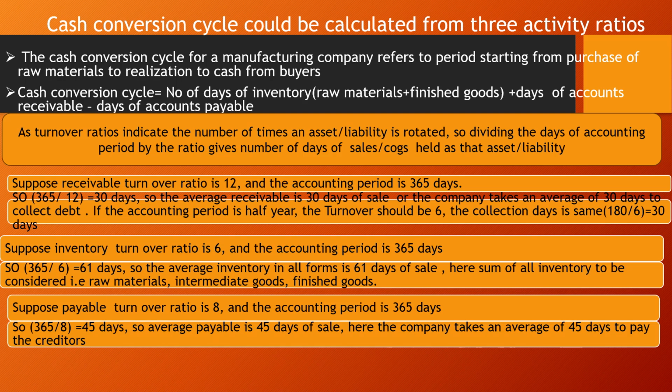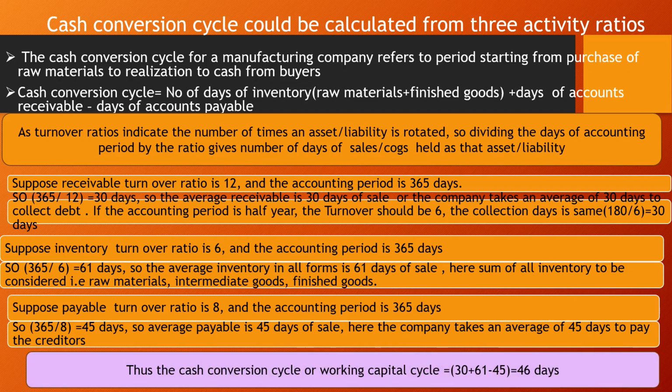So 365 by 8 equal to 45 days. So the average payable is 45 days of sale. Here the company takes an average of 45 days to pay the creditors. Thus the cash conversion cycle or the working capital cycle equal to 30 plus 61 minus 45 equal to 46 days.